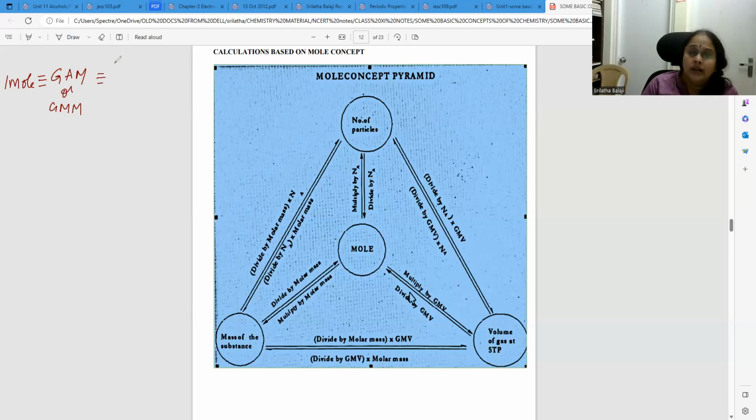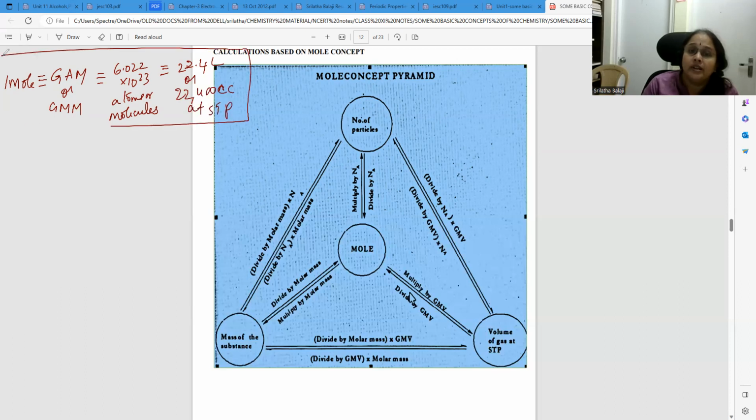And this will constitute 6.022 into 10 power 23 atoms or molecules. And its volume will be 22.4 liters or 22400 cc at STP. Keep this as your basic reference chart.